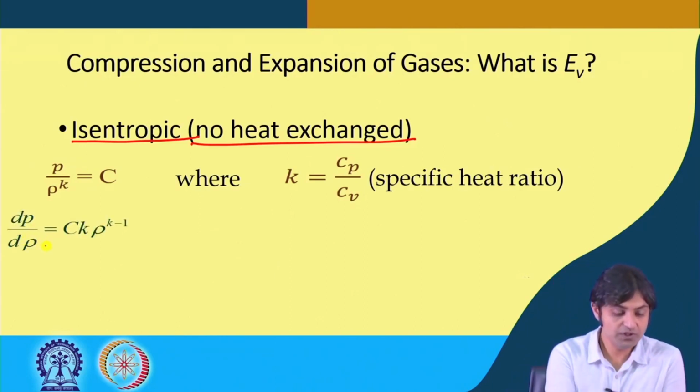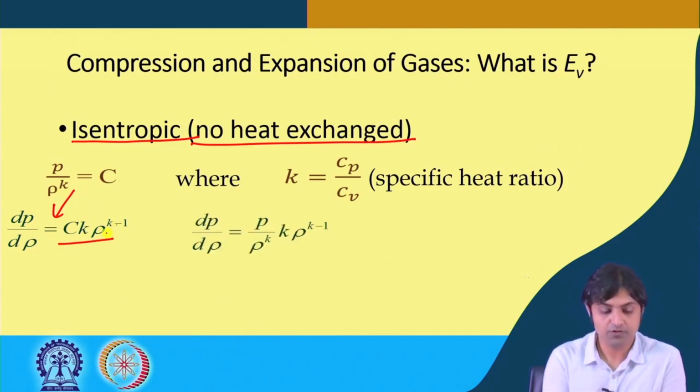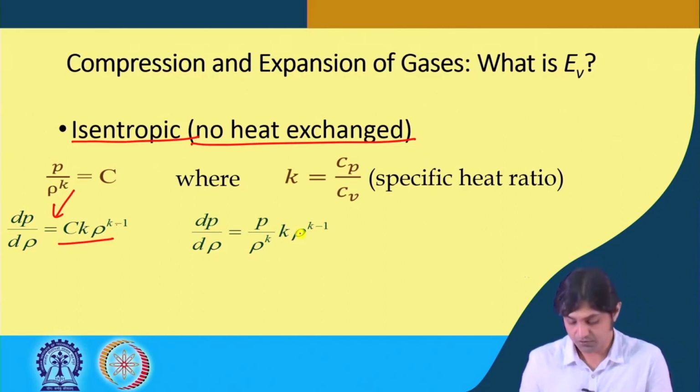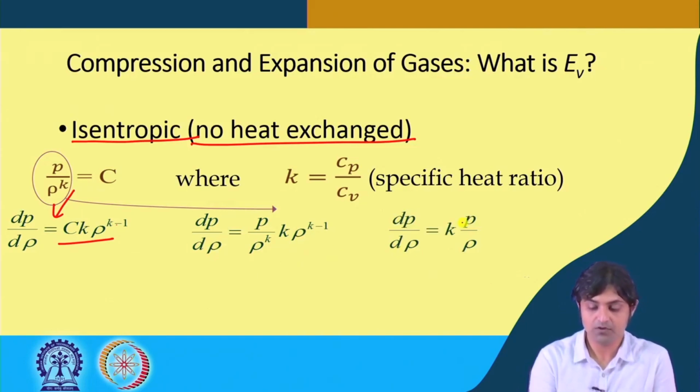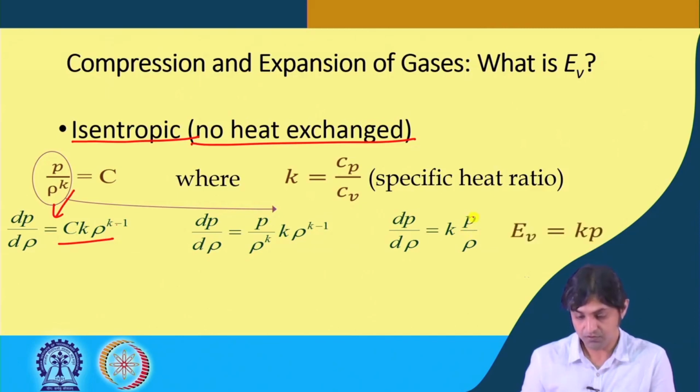So if you do dP by d rho from this equation, you will get C K rho to the power K minus 1. Therefore, dP by d rho will be P divided by rho to the power K, multiplied by K rho to the power K minus 1. We are substituting the value of C in terms of P by rho to the power K, and therefore dP by d rho will come out to be Kp by rho.